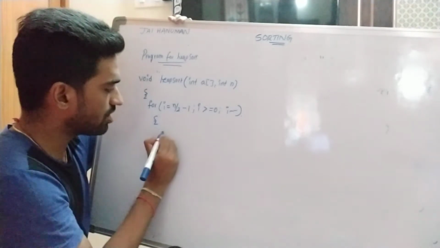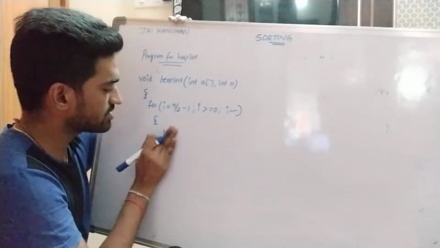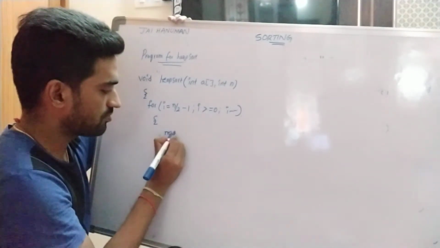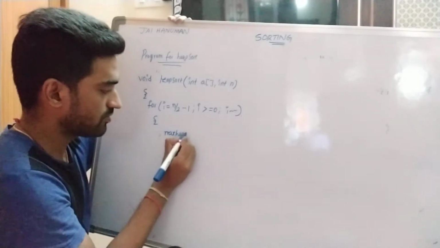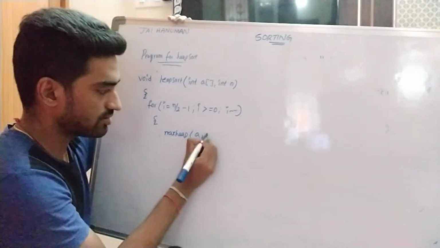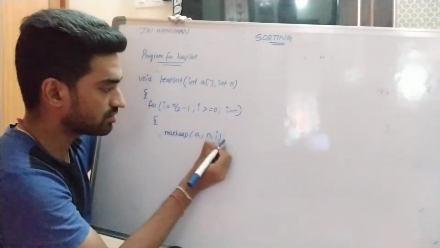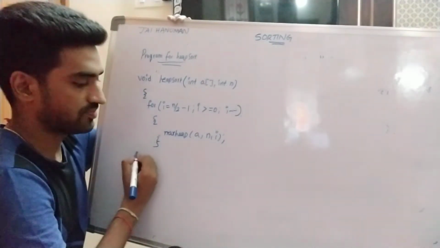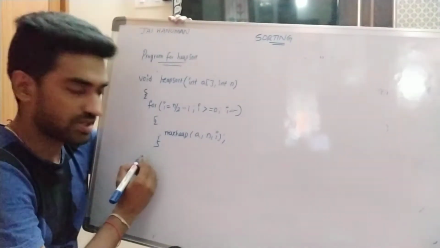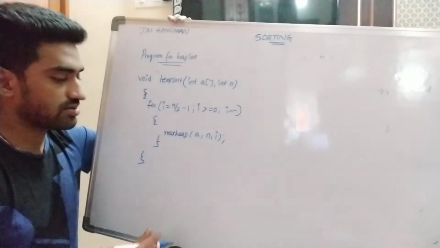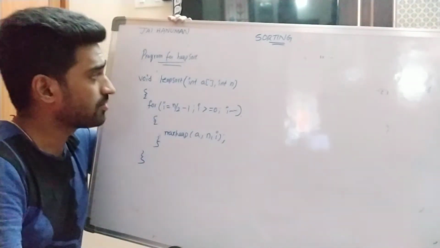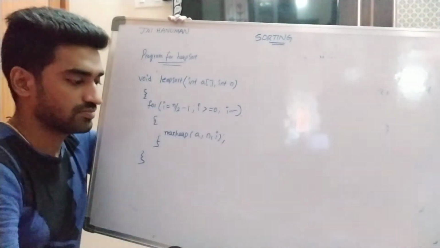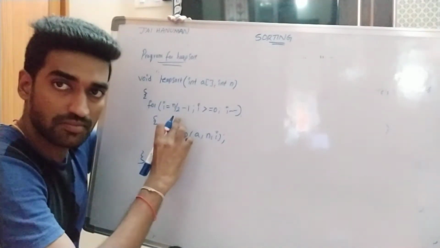Then we can call the max heap function, max heap along with a, n, i as parameters, right? This is the function call for max heap.